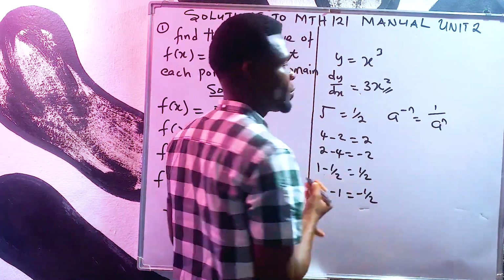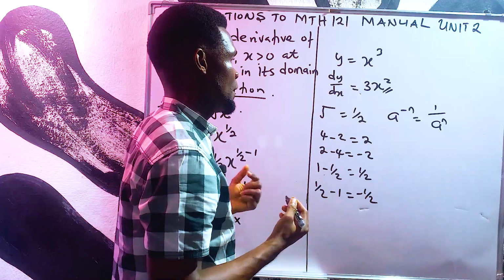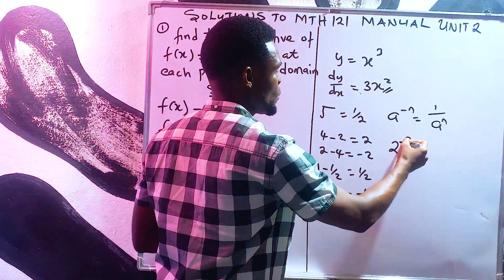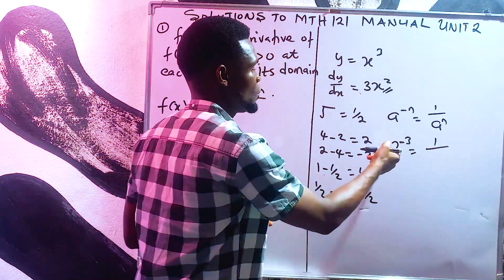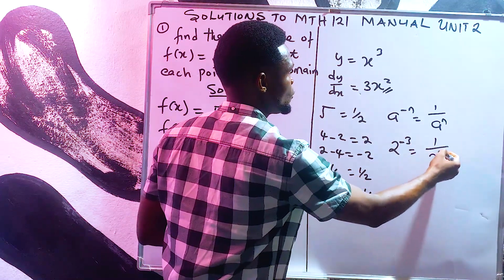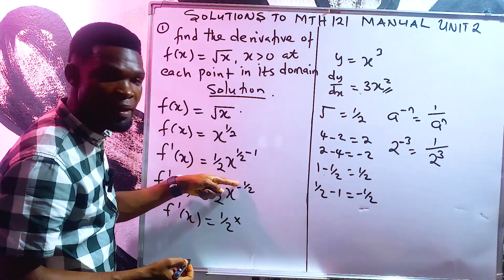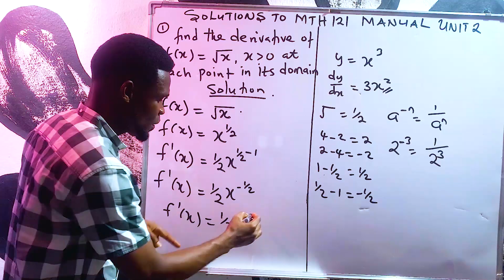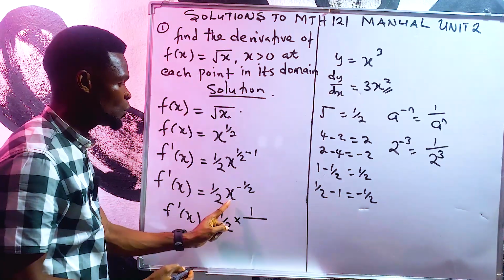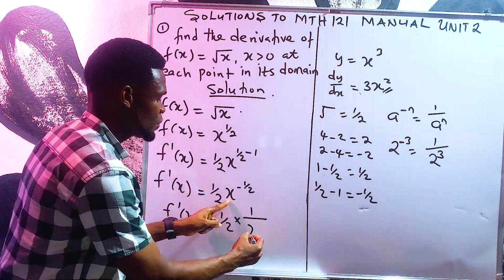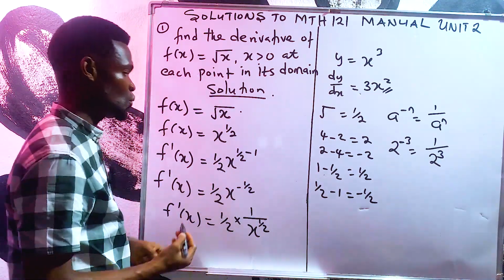In other words, if I have 2 raised to the power minus 3, I will write this as, this small minus is 1 over, then 2 raised to the power 3. That's the same thing I have here. Since I have negative power, this small minus here is 1 over. Then I'm left with x raised to the power 1 over 2. You bring it below, x raised to the power of 1 over 2.